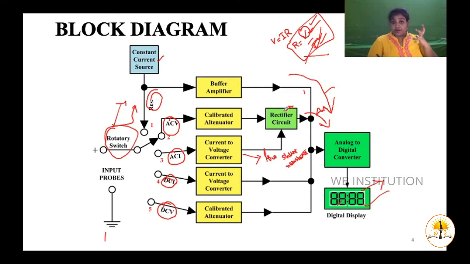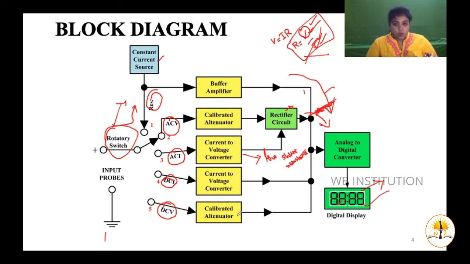What is the purpose of a rectifier? Yes, please write the answer in the comments. Right now I'll say it is used to convert your AC into DC. Clear? Fine. Then the DC supply is fed into your analog to digital converter, and from there we can obtain the output, that is your digital output.